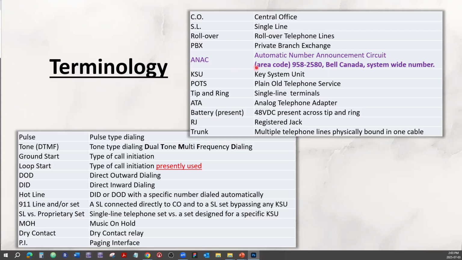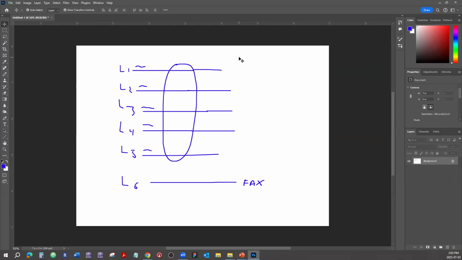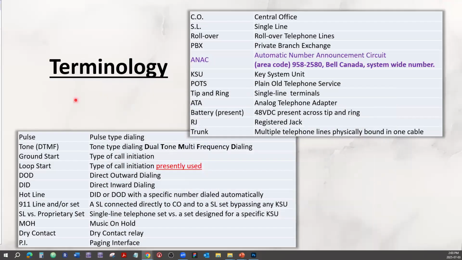If you pick up the phone and you dial the area code that you're in, and then dial this number, you're going to get a voice announcing the actual number of the actual line that you're clipped onto, not the published number. So it's a diagnostic kind of service thing. Okay. So that's as far as the rollover sequence and the ANAC number.